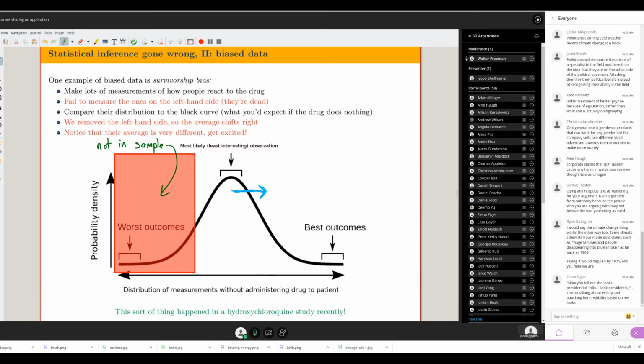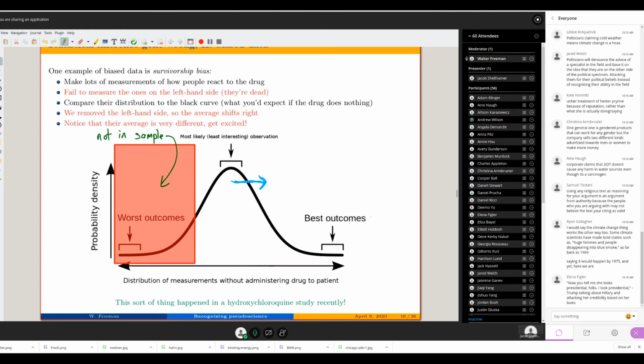There's actually an example of this in contemporary times with the study of this claimed wonder drug, hydroxychloroquine, for COVID-19. There was a study that was done where they had given hydroxychloroquine to some people and then came back later and wanted to see if this drug reduced the amount of virus in their blood. But in that study, they detected this by doing a nasal swab, by sticking something up someone's nose and seeing how much virus it had adhered to it.